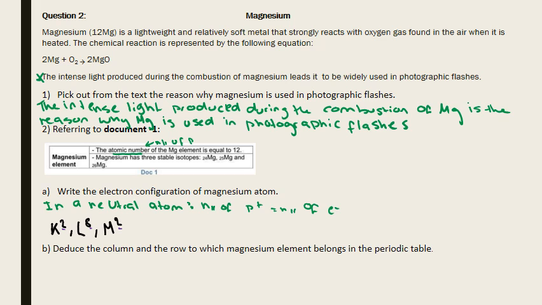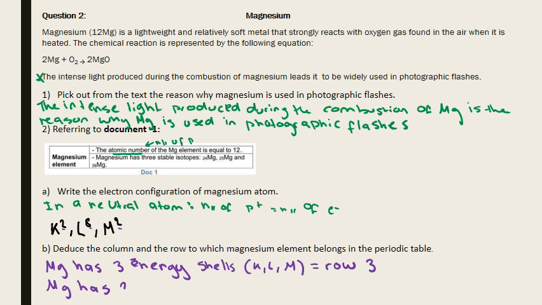Now, magnesium has 3 energy shells, or levels, which are K, L, M. Therefore, it's in row 3, and Mg has 2, see here, because it's got the last 2 valence electrons, so therefore it's in column 2. So it's in row 3, column 2.